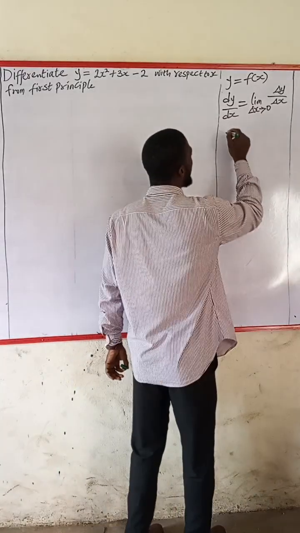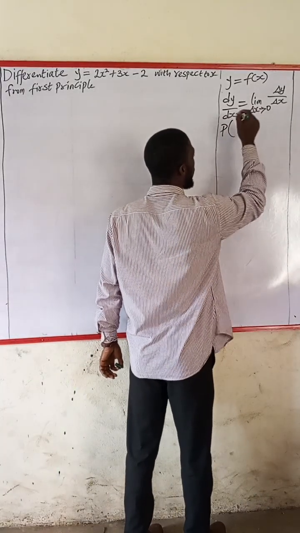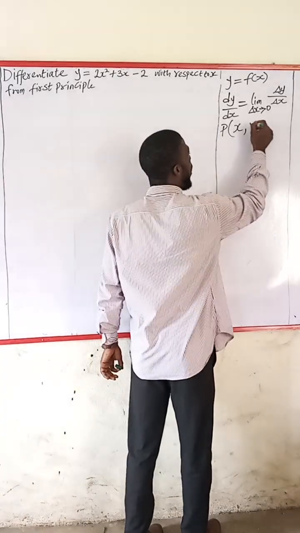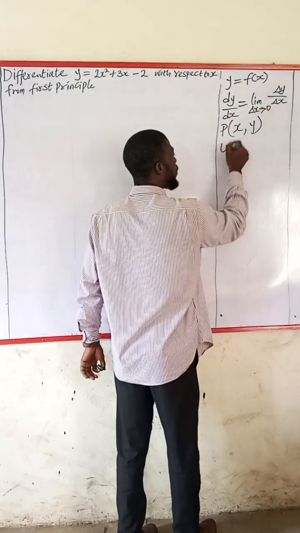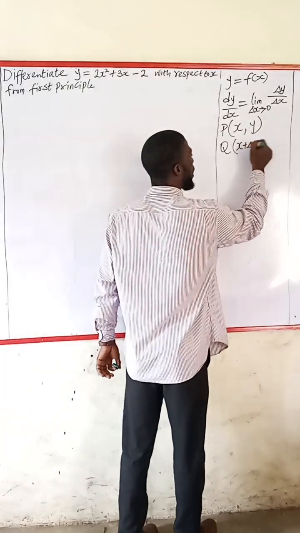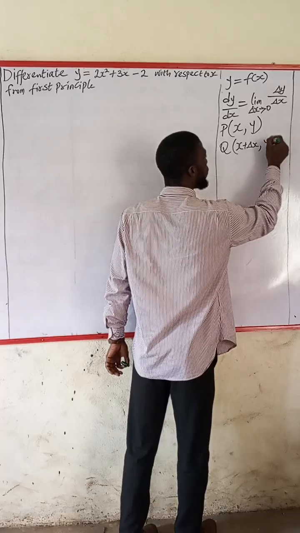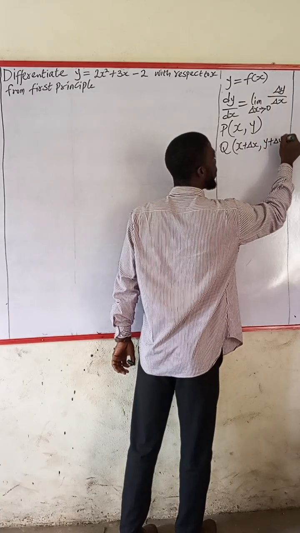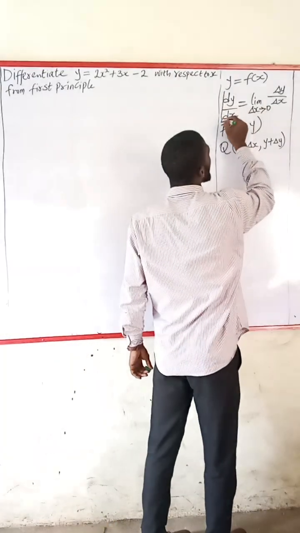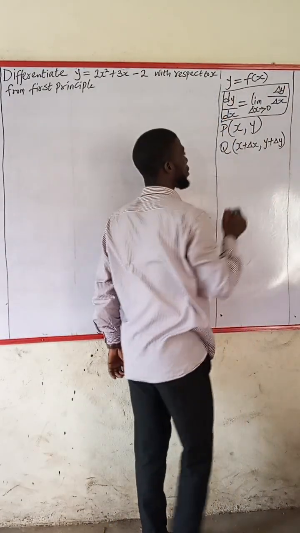Assuming I have 2 points on a graph, let's consider this coordinate. That P is on the coordinate x, y. And we have another point which is on the coordinate x plus change in x, and we have y plus change in y. Let us see how this comes about.